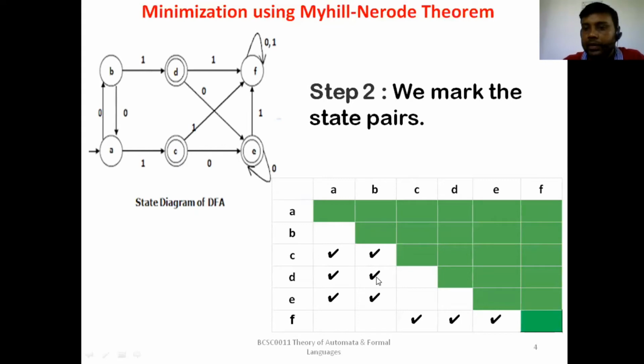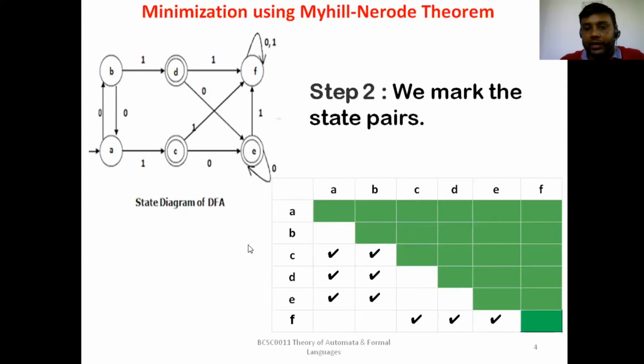We have marked BD, again B is non-final, D is final. In the same way, we have marked BE because B is non-final and E is a final state. We have not marked BF because B and F both are non-final states, and this process has to be continued. So we have marked all these 9 cells.